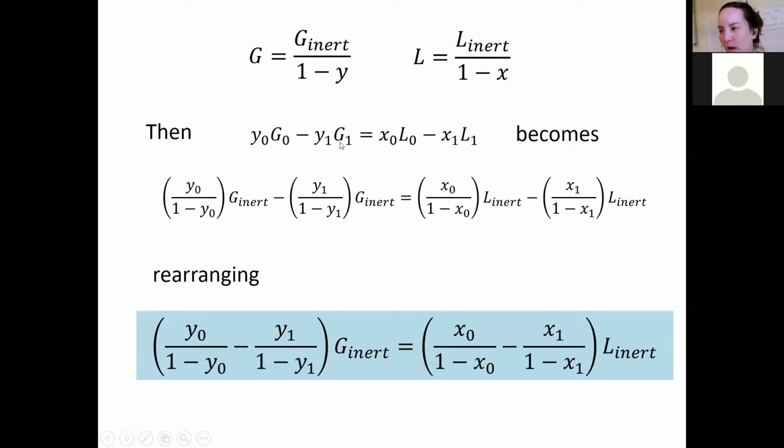The same thing for this Y1 term. We have Y1. G1 would be the inert amount divided by 1 minus Y, the concentration at this point. So we can rewrite this term. And we can do the same thing for the liquids, rewriting these terms. This equation can then be rearranged. So here, collecting the flow rates of inert and collecting these different mole fractions at Y0, Y1, X0, and X1.